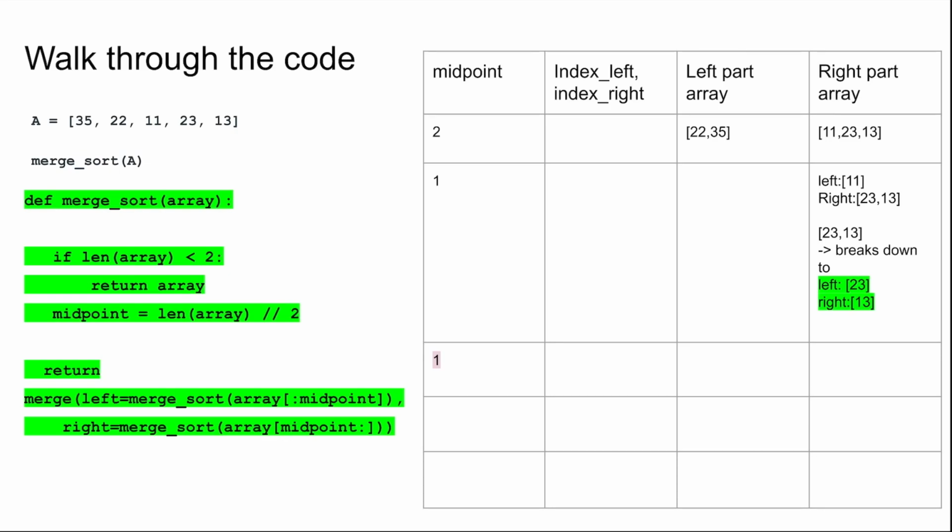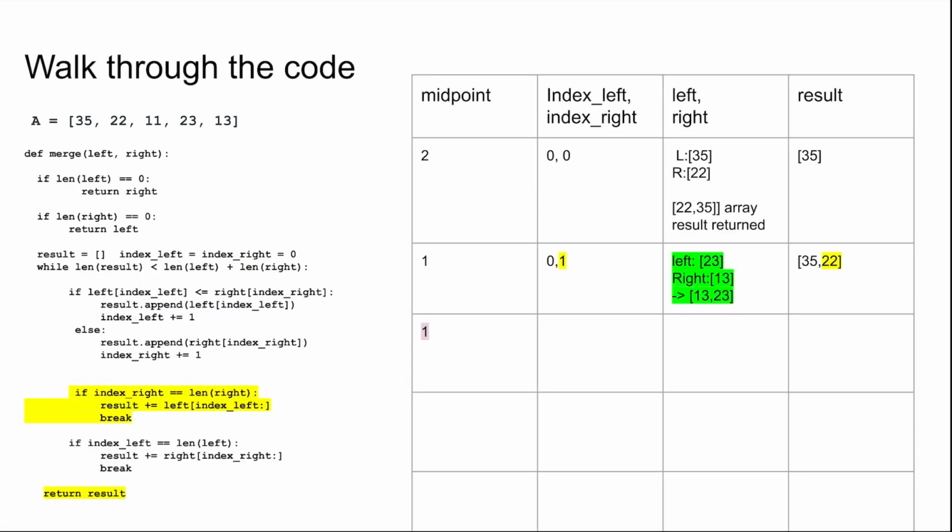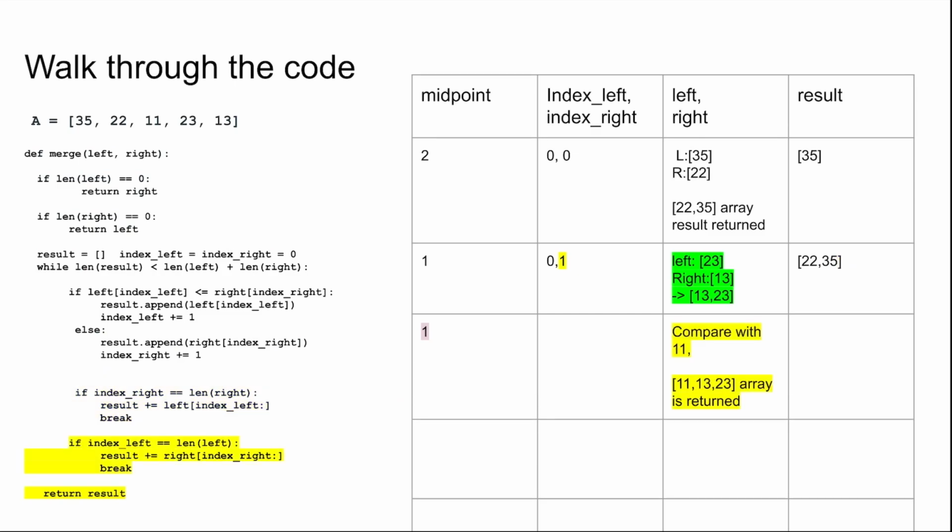Eventually, you can see that 23 and 13 are broken down, with the left side being 23 and the right side being 13. The left side and the right side are going to be sorted. So as you can see, eventually it returns an array of 13 and 23.